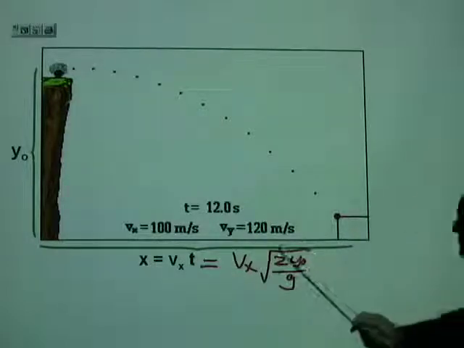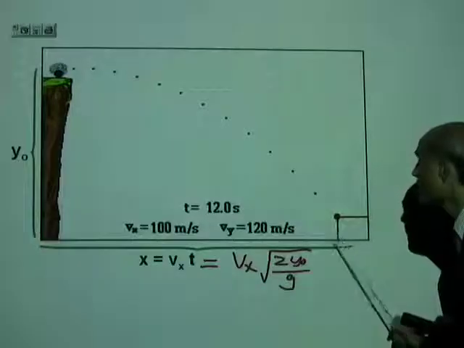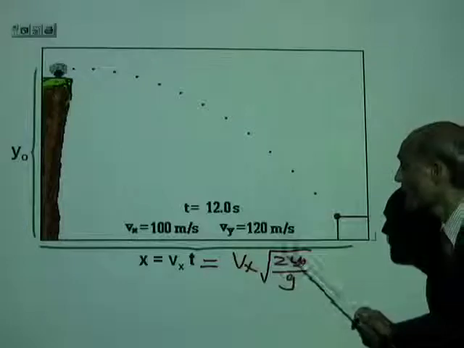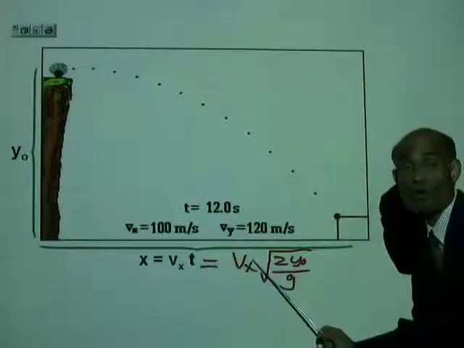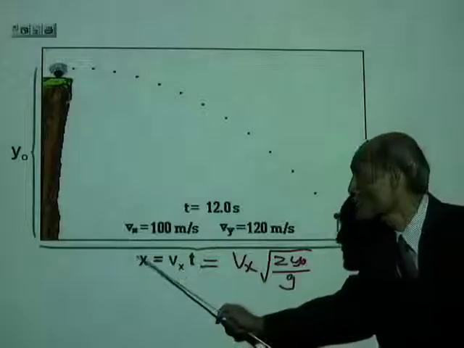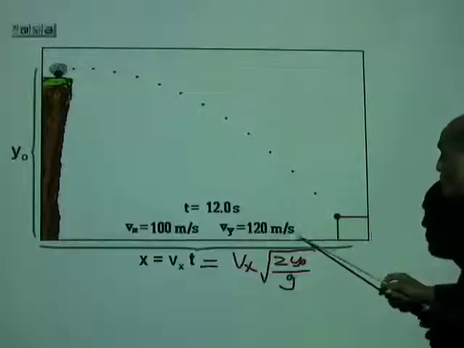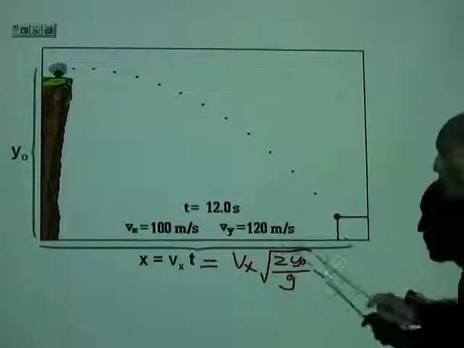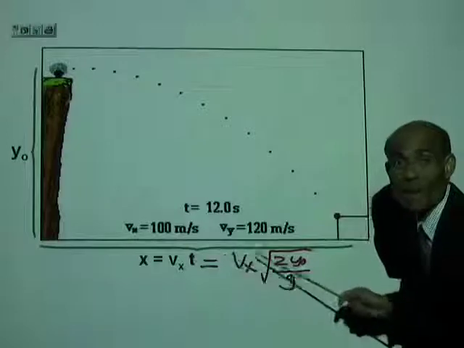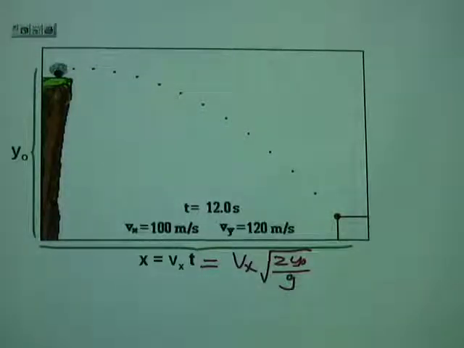This is the time taken by the ball to fall to the ground, and during that time it has been traveling horizontally with a velocity Vx. So the horizontal distance x traveled by that projected ball is the horizontal velocity multiplied by the time of fall. Okay, let's move on.